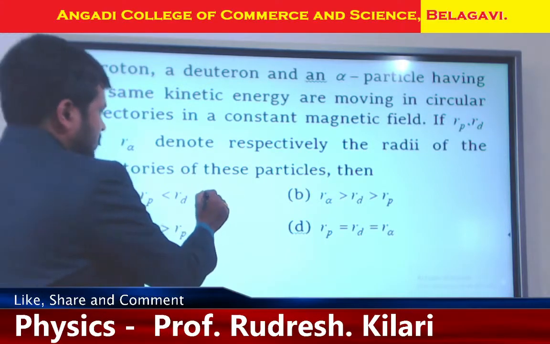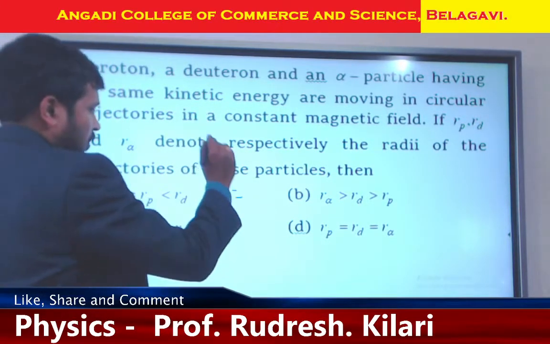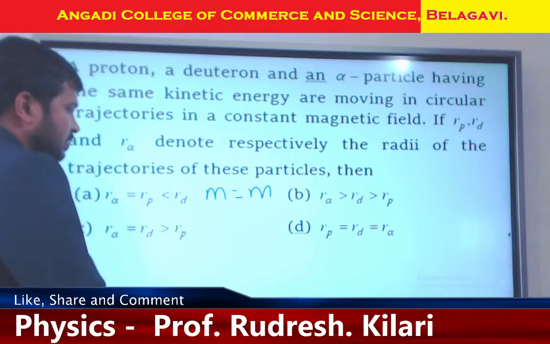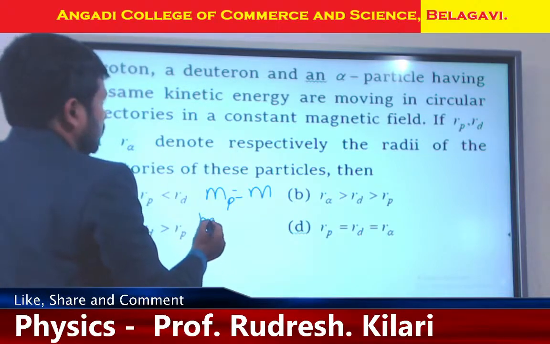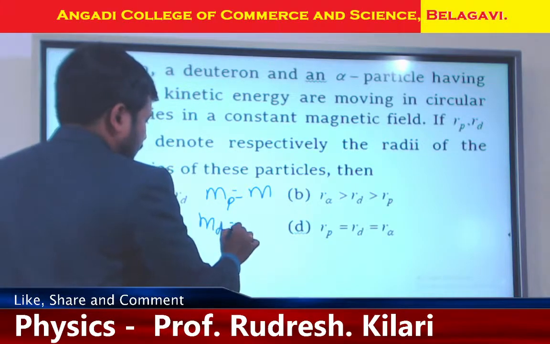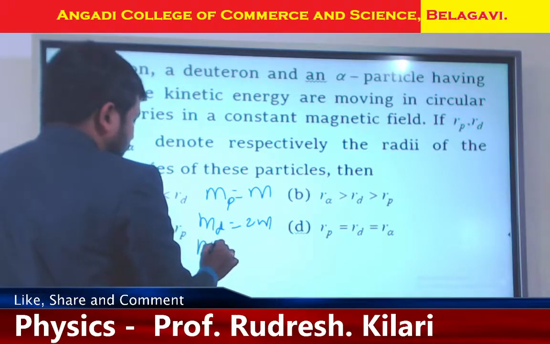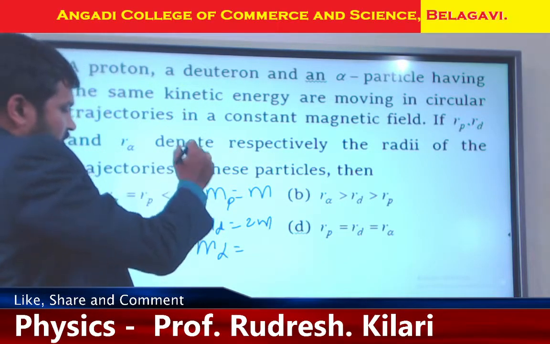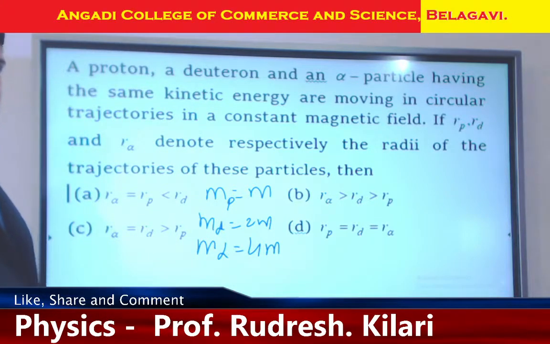Just write the mass. Okay, what is the mass of proton? Mass of proton is only 1m, right? Then mass of deuteron is 2m. Then mass of alpha particle is 4m, right? Okay, what is the condition here in these options? What will happen?